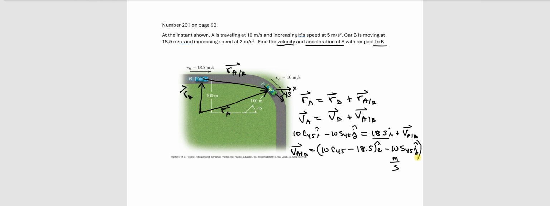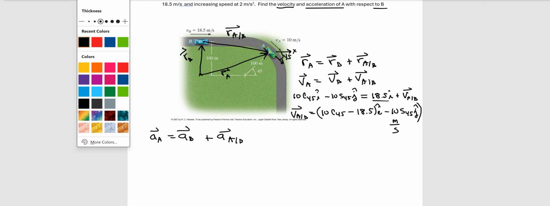Now the accelerations. The acceleration is going to be a little trickier because there's a little more going on. Taking that equation and differentiating it, the acceleration of A equals the acceleration of B plus the acceleration of A with respect to B. Car A has a couple of accelerations we have to consider.